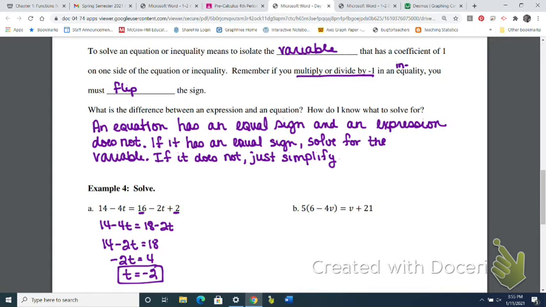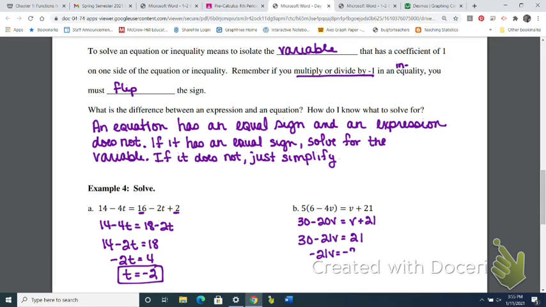On B, first thing I need to do is distribute. So I get 30 minus 20v equals v plus 21. Again, I'm going to move the v's to one side. So I get 30 minus 21v equals 21. Move the 30 by subtracting it.